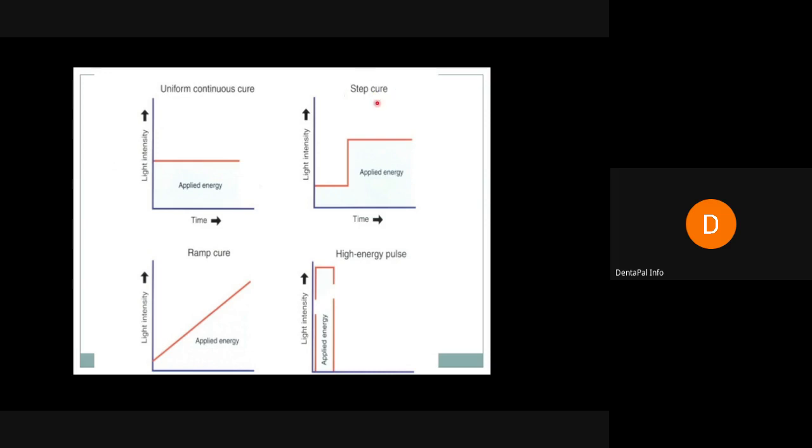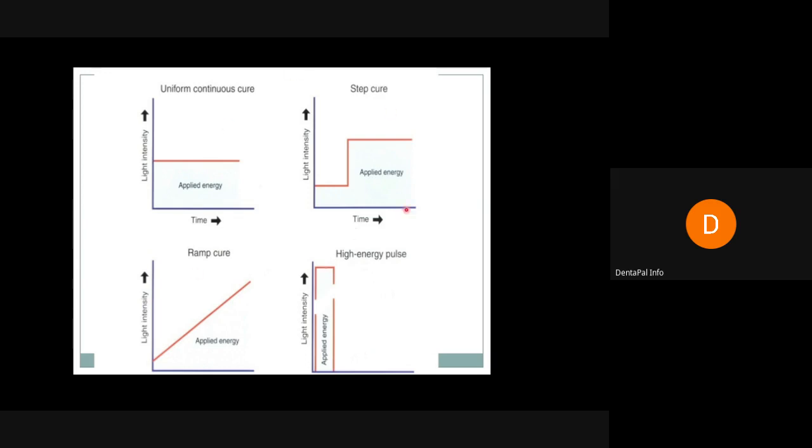You can do step curing. You will start with low intensity, then you will increase the intensity by time. You can use ramp curing, which is a continuous increase in the intensity of light. You can use also high energy pulse, where you start light curing with high energy, then off, high energy, off, high energy, off.